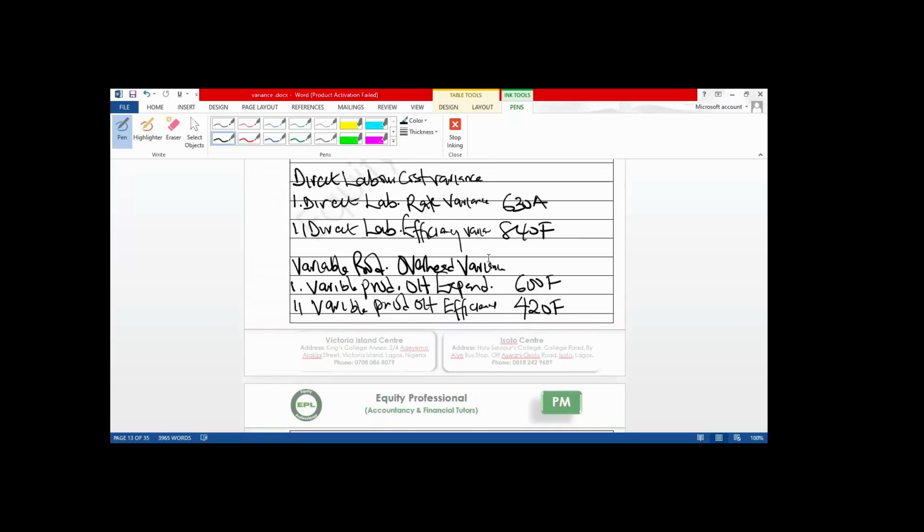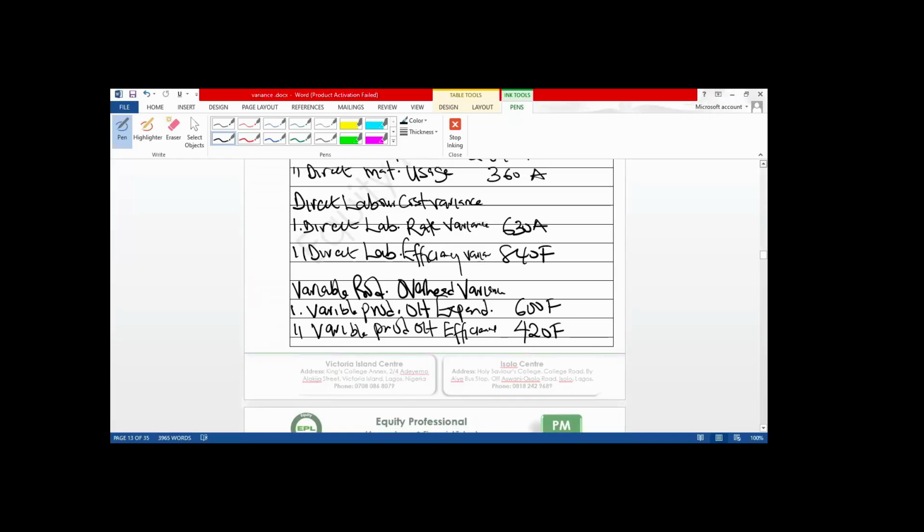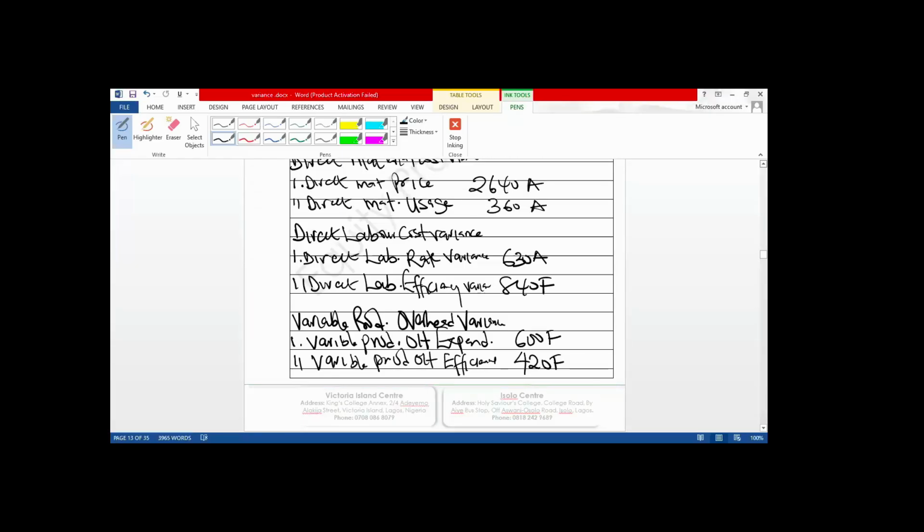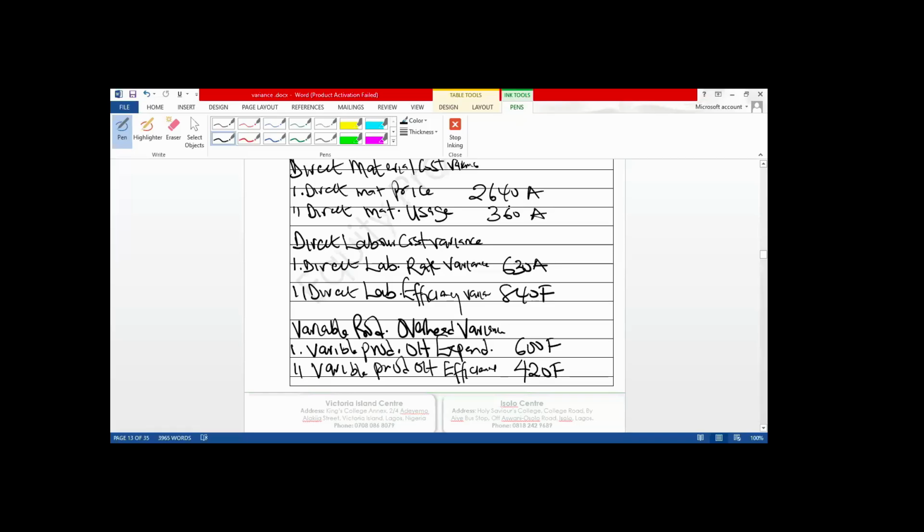Please take your calculator. For the cost, start from here. Where you have A, this is negative. Negative, negative, negative, positive.